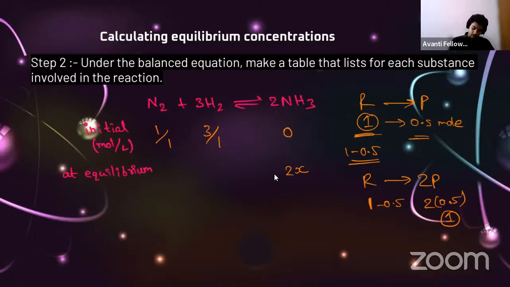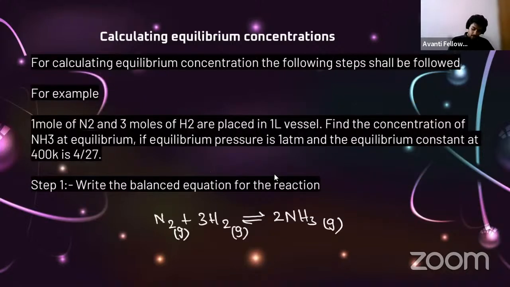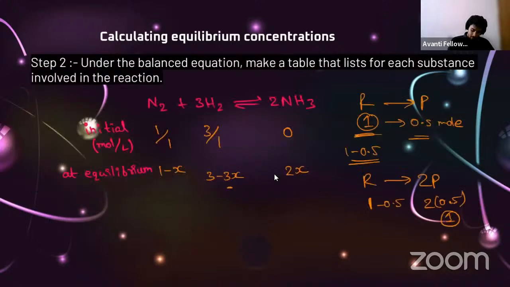Now using this concept, as 3 moles are giving 2 moles, that means 3 moles are decomposing to give rise to 2 moles, right? 3 minus 3x, simple. 1 minus x for nitrogen, and as 3 moles of hydrogen we are using, we are keeping it as 3 minus 3x, and for ammonia as 2 moles are produced, that is 2x. Simple, right?